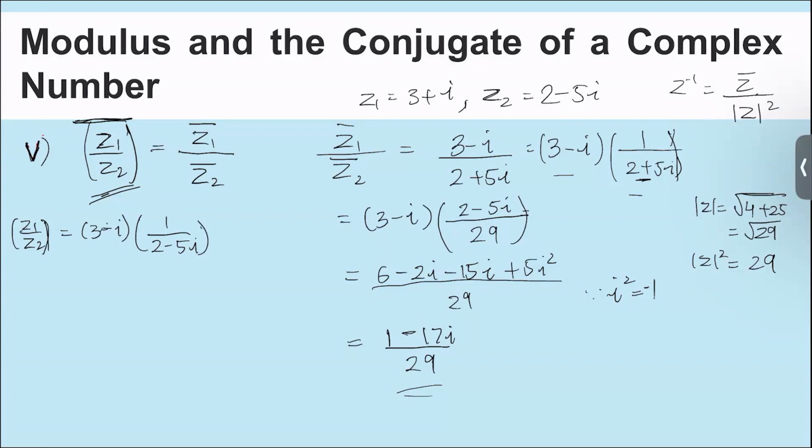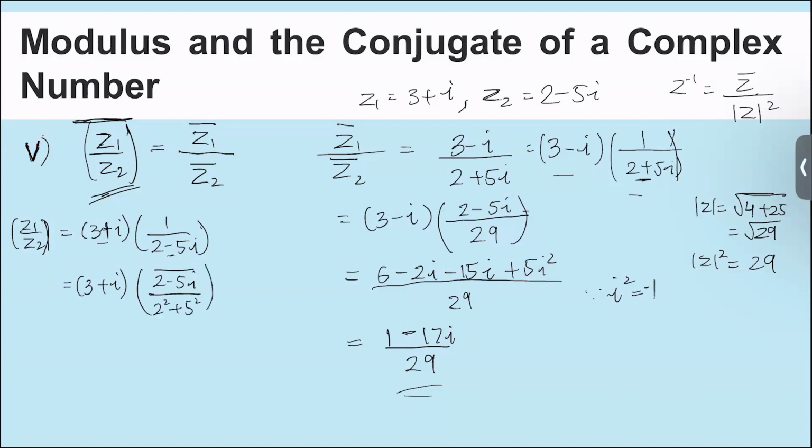Okay, sorry, this will be 3 plus i. So this is your original z1 and this is your original z2. Okay, now we will find the multiplicative inverse of this. So you have 3 plus i. Now this you can write, the conjugate of 2 minus 5i, and then you have 2 square plus 5 square.